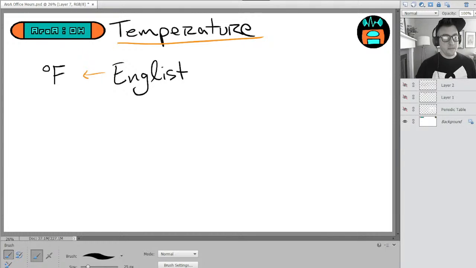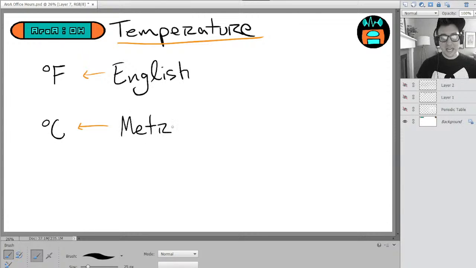The metric system's unit for temperature is degrees Celsius.